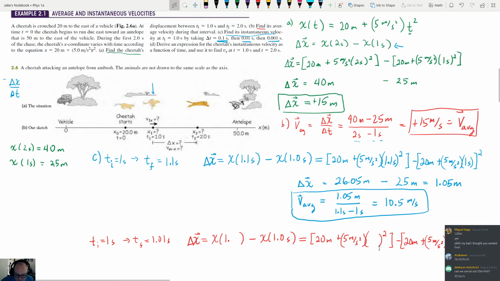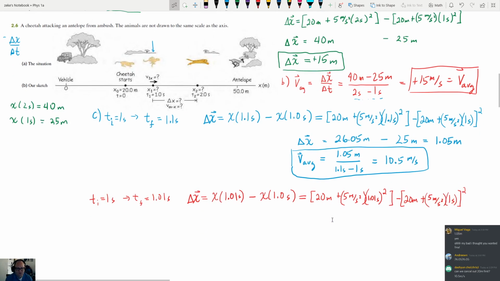So let's put those in. So we just changed this to 0.01, and right here 1.01 seconds. We do the calculation again. So now this first term right here is 25.1005.